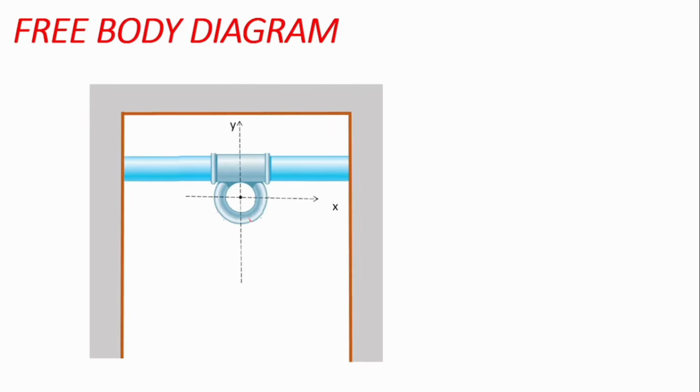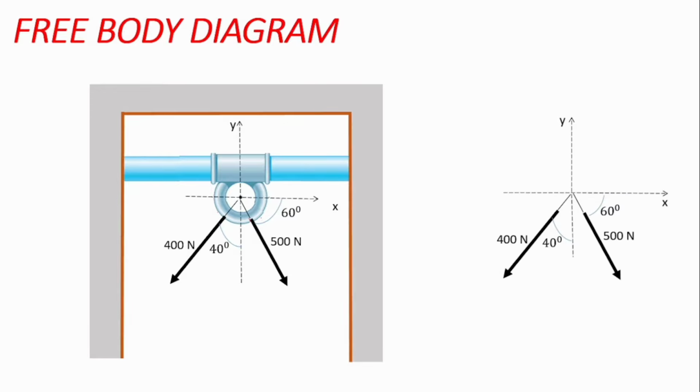We have our coordinates, x and y axis, and we have the force with which the man pulls the pipe to be 500 Newtons at an angle of 60 degrees to the horizontal, while the force with which the woman pulls the pipe is 400 Newtons at an angle of 40 degrees this time around to the vertical.